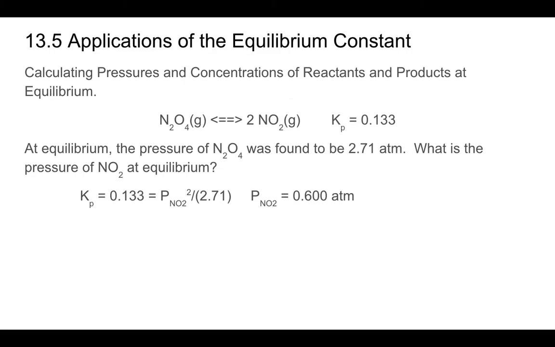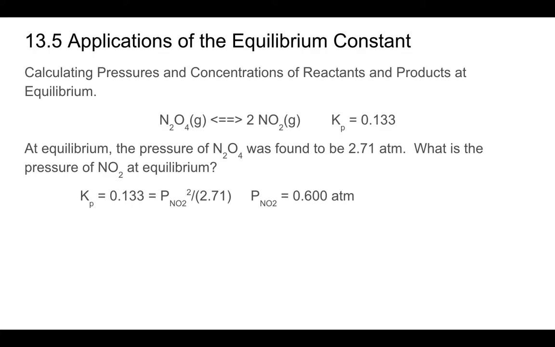So let's take a look at calculating pressures and concentrations of reactants and products at equilibrium. We'll start out simple here. Let's say we have a system, N2O4 makes 2 NO2, and the Kp value for this is 0.133. So we're going to practice using Kp. Then at equilibrium, the pressure of N2O4 was found to be 2.71 atmospheres.